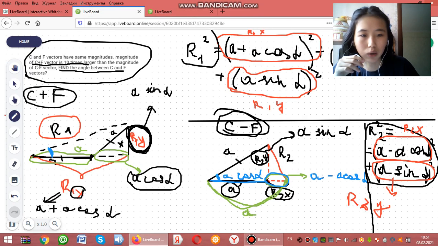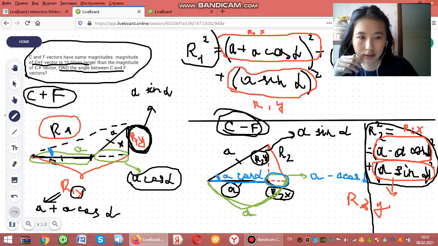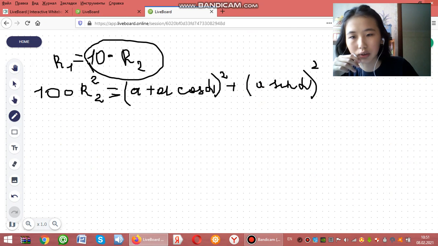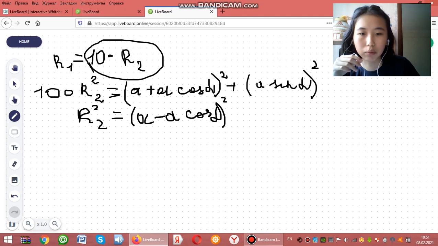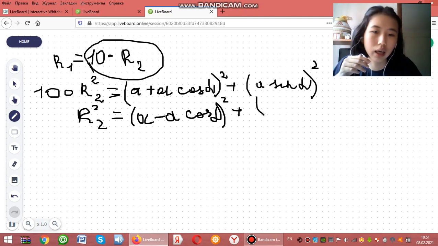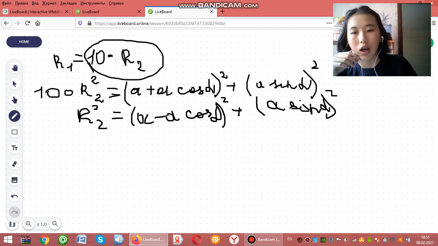About the second equation, it will be like this, no changes. R2, the second resultant vector squared, equals a minus a cosinus alpha squared plus a sinus alpha squared.